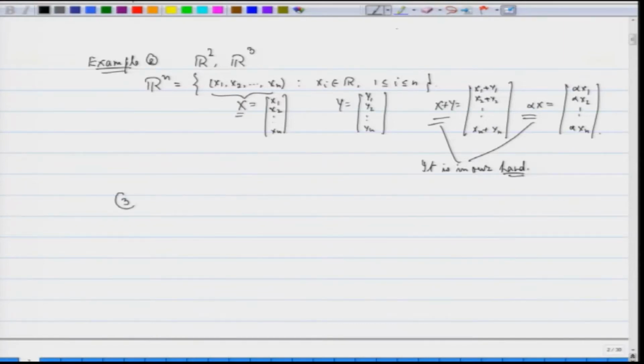Example 3, let us look at Cn. We have already looked at complex numbers. So, now here the vectors are going to be again x1, x2, ..., xn.